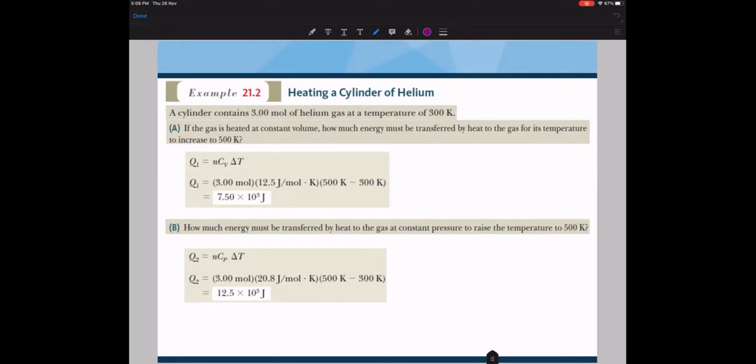It is a constant volume process, so you have nCv delta T. Cv is the molar specific heat for constant volume process, and for monoatomic gas, Cv is 3R/2.